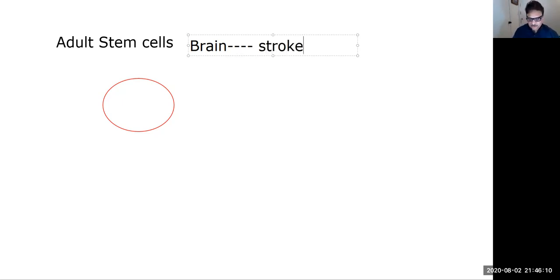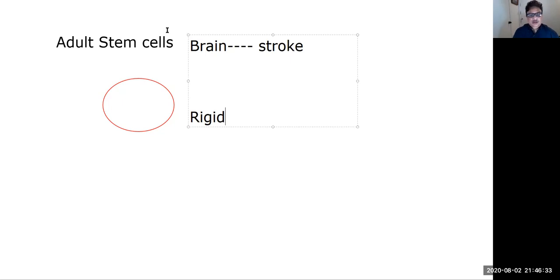But adult stem cells are extremely rigid. Why rigid? Because they have been exposed to so much environment, pollution, and so it's difficult to educate them to become a new organ. So it's very, very difficult. It's easier to work with human embryonic stem cells than adult stem cells.